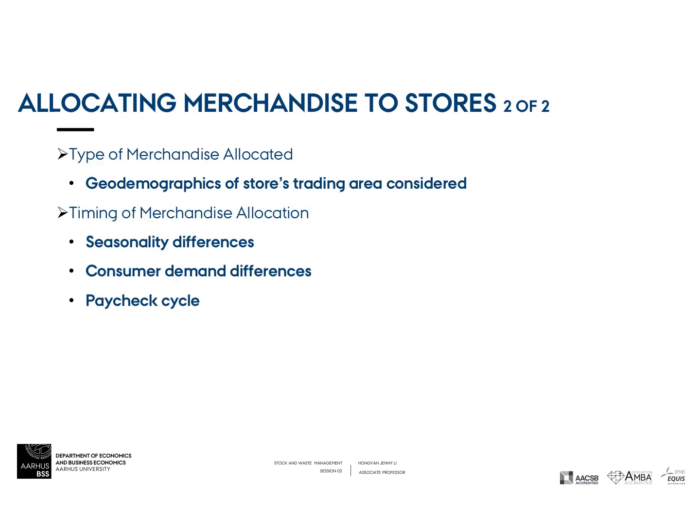Furthermore, to allocate the merchandise to stores, you should also consider the types of merchandise allocated. You should consider demographic information about the stores, and the timing of merchandise allocation based on seasonality and consumer characteristics, and of course the payback cycle.